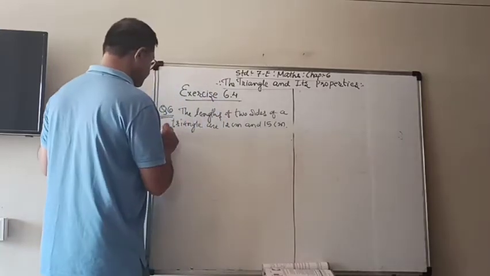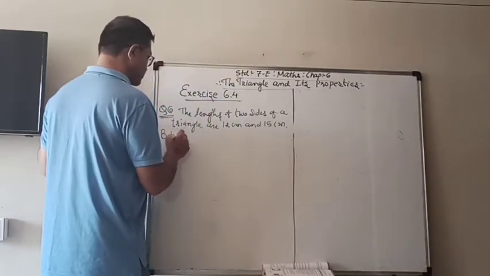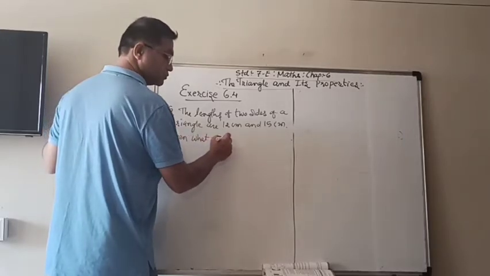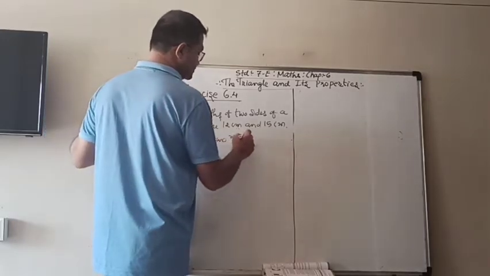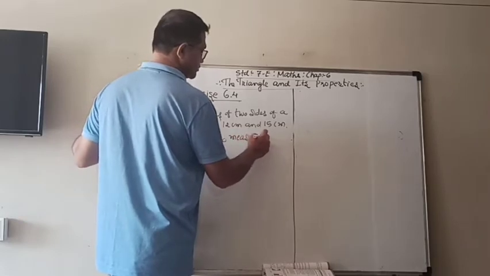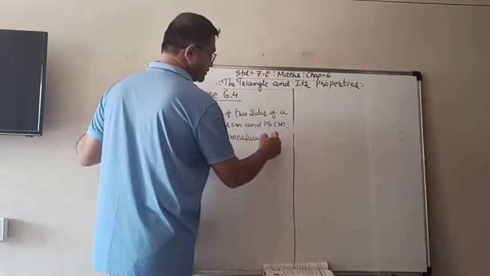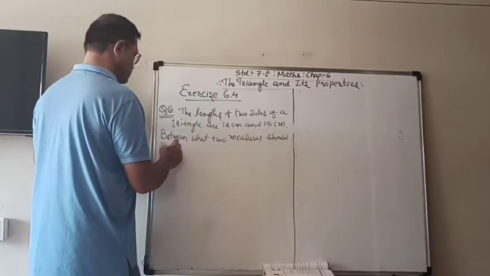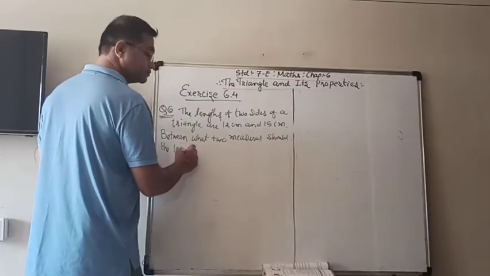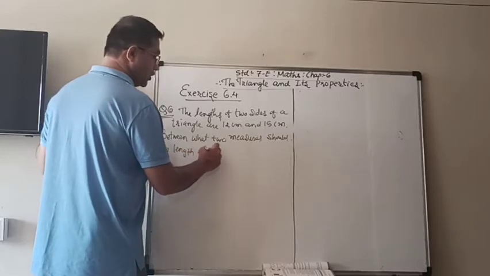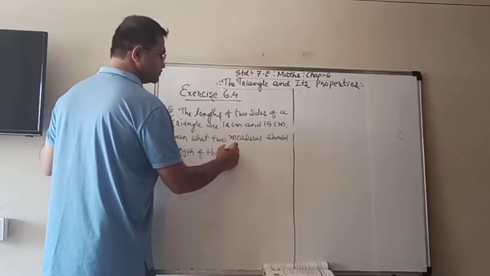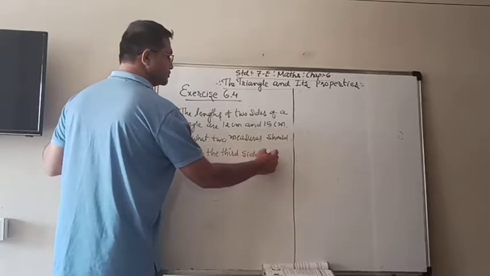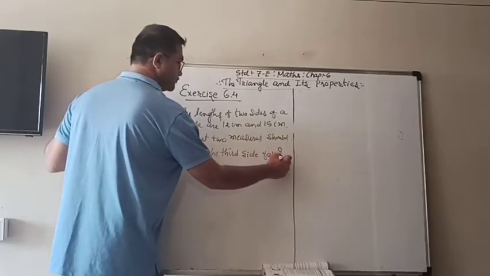Between what two measures should the length of the third side fall?